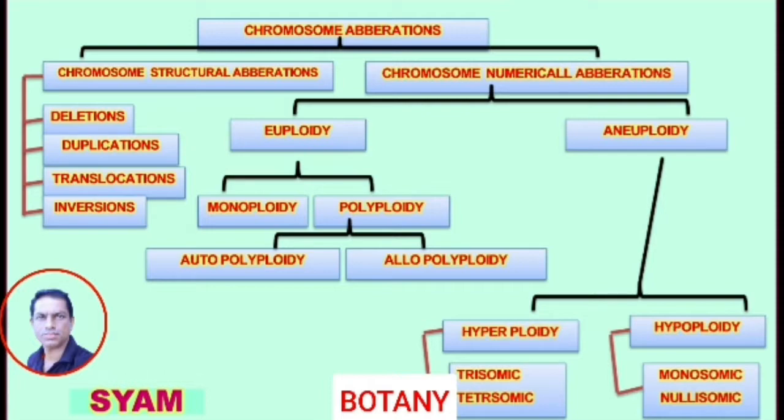Euploidy is divided into monoploidy and polyploidy. Polyploidy means more than two genomes are present. Again, it is divided into autopolyploidy, where the same chromosomes are present in the genomes, and allopolyploidy, where different types of chromosomes are present in the genome.